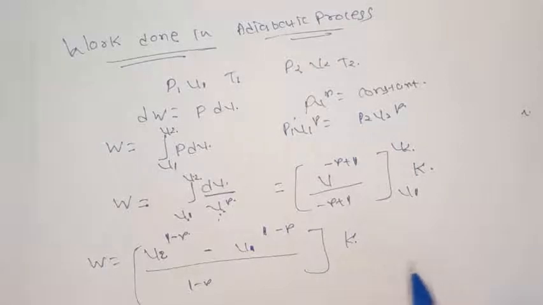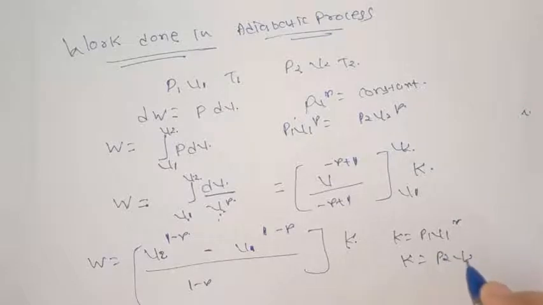Now, in the case of constant, we can write K is equal to P1 V1^gamma, or K is equal to P2 V2^gamma. So we can multiply this K and choose the value of K as per our convenience. While multiplying with V2, we will use the value P2 V2^gamma, and while multiplying with V1, we will use the value P1 V1^gamma.